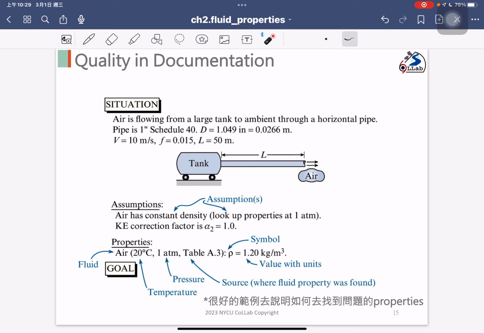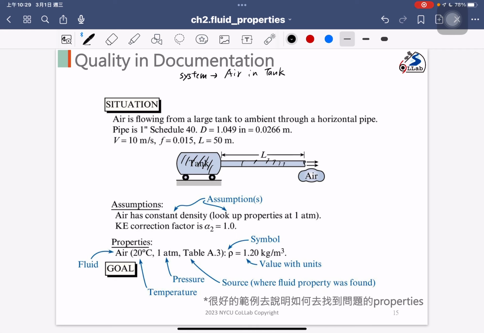Okay, so I just put one slide in here, just trying to describe the idea again. You can see in these figures we have the problem. What's the problem? We know the system. What is the system? We can figure out the system: it is the air in the tank, right? So we have the air in the tank, and then it is released to the ambient through a horizontal pipe.